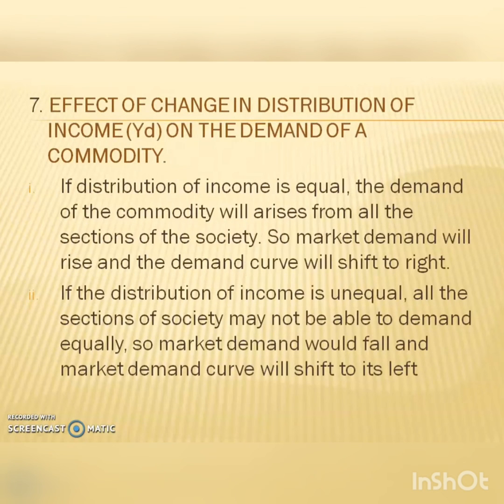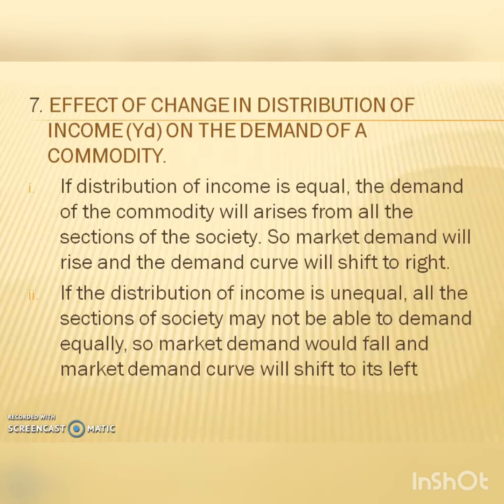Then the seventh factor of market demand is the distribution of income. If distribution of income is equal, the demand of the commodity will come from all the sections of society. So market demand will rise and the demand curve will shift to the right. If the distribution of income is unequal, that means there are two types of people, rich and poor.